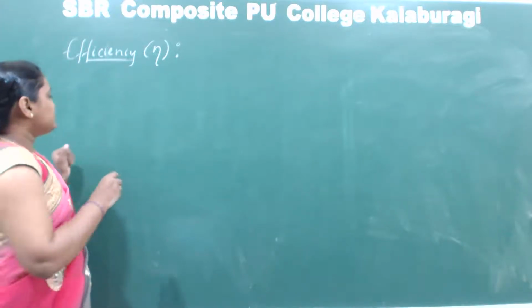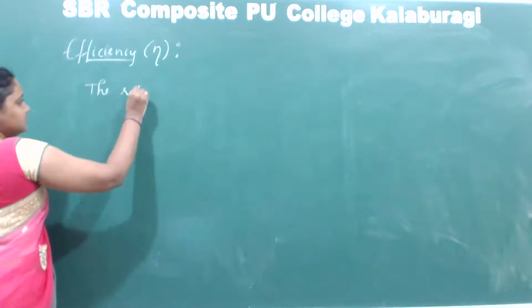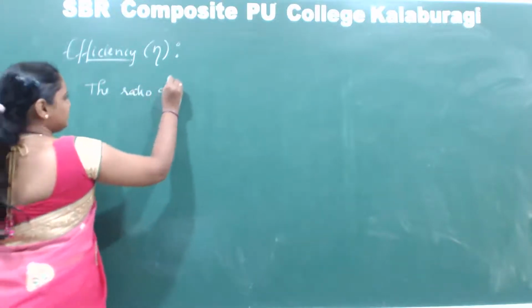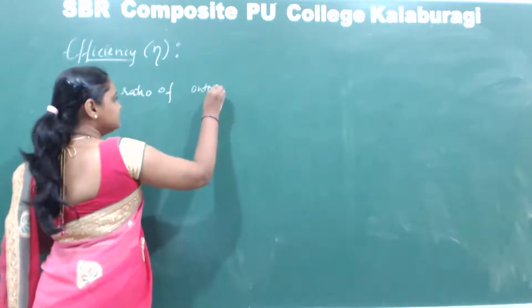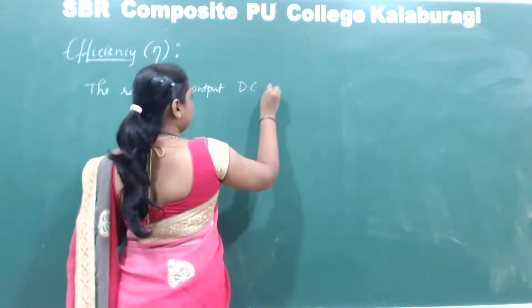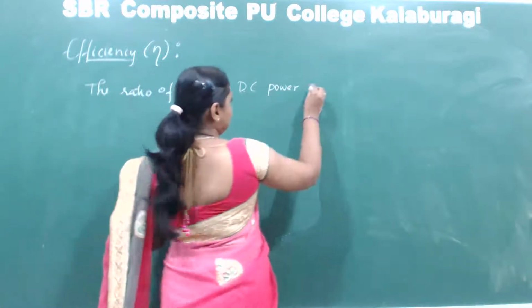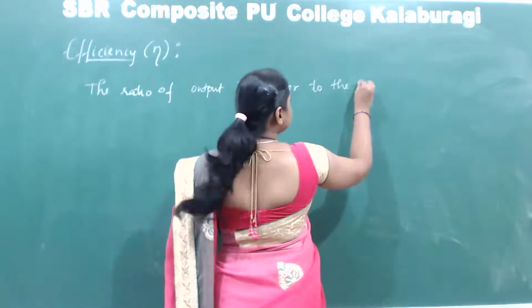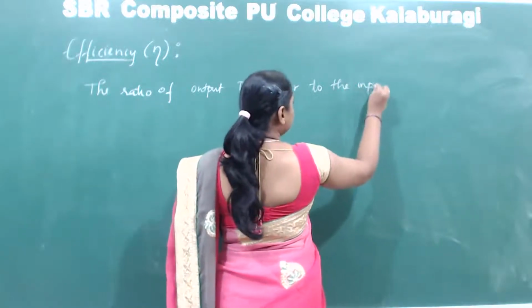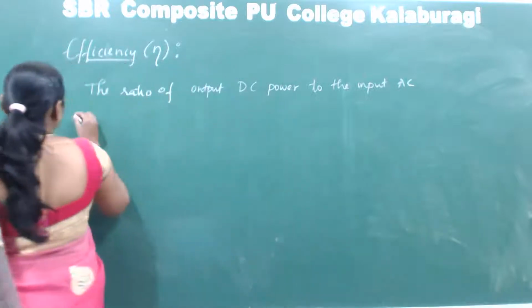That's why efficiency is basically the ratio of the output DC power to the input AC power.